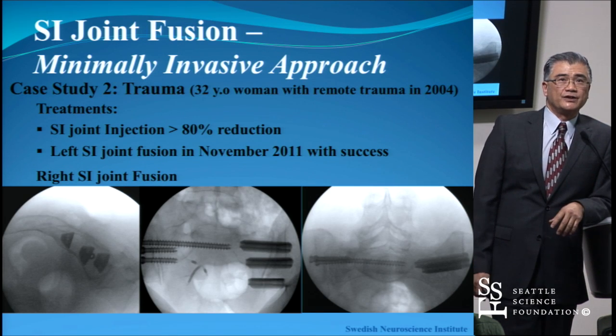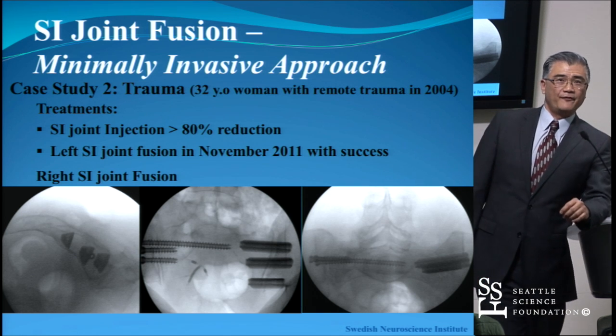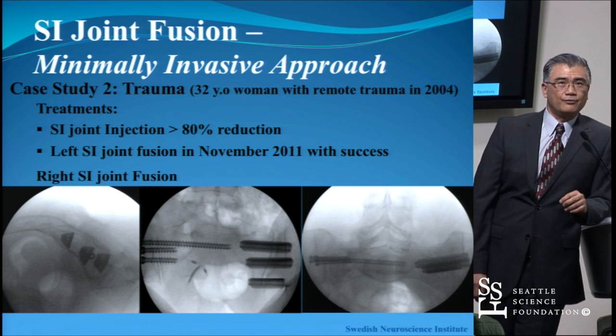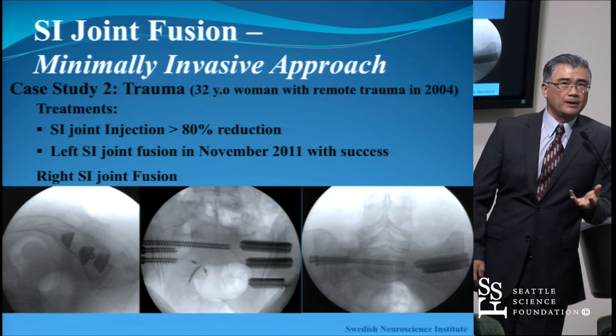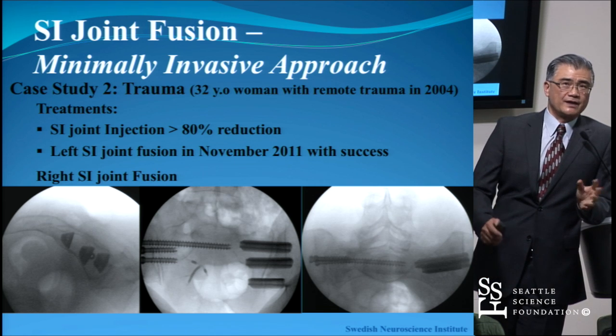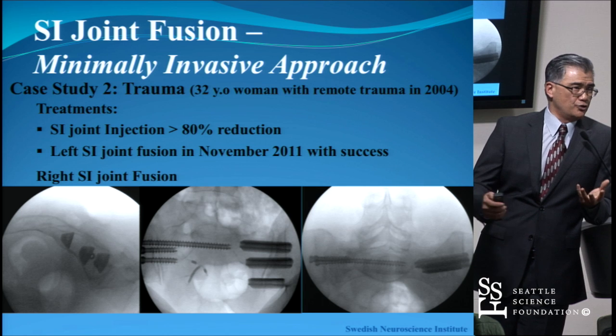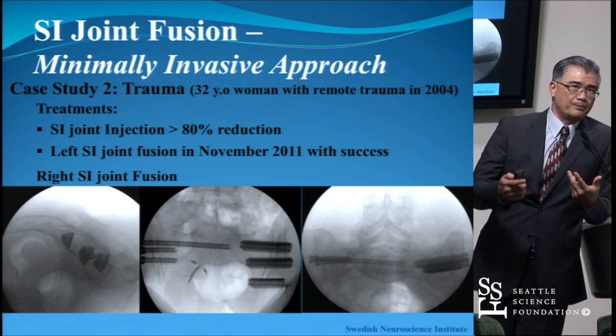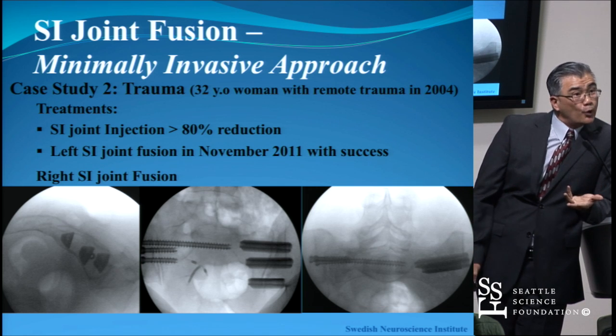This is another patient who had trauma and had an SI joint fusion on the left side by a surgeon in Detroit, I think in 2011. They didn't have this kind of fancy equipment, or the surgeon was not using it. The screws you can buy from Home Depot, okay, but it still worked.